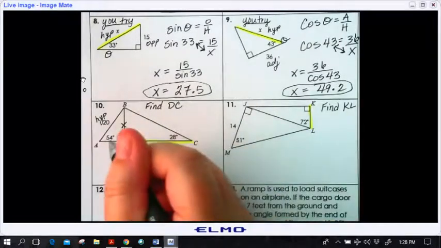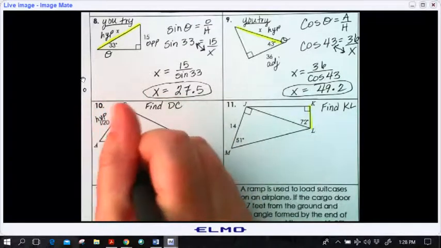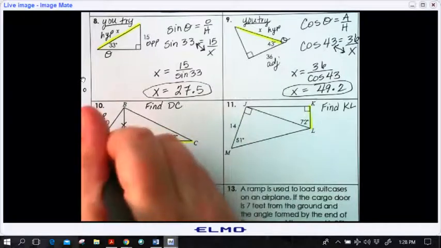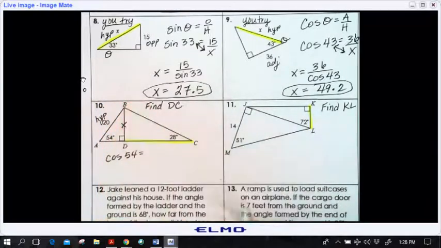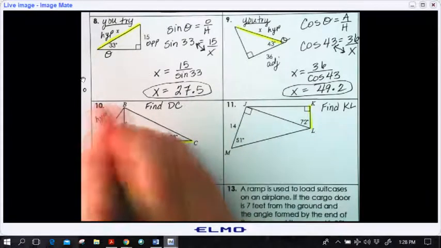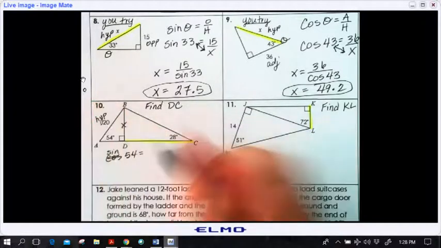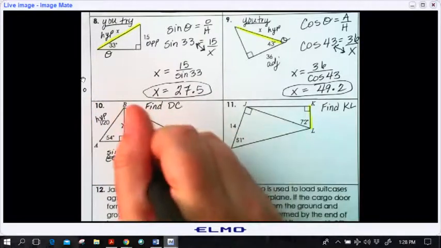So I know X is opposite. So I know the opposite and I know the hypotenuse, which means I'm going to do cosine of 54 equals the, I'm using sine, I'm sorry. Sine is opposite over hypotenuse.